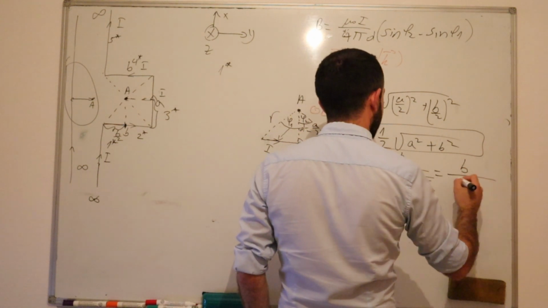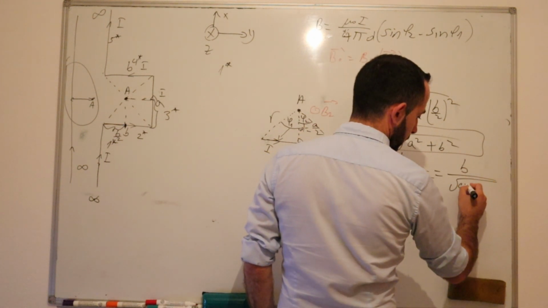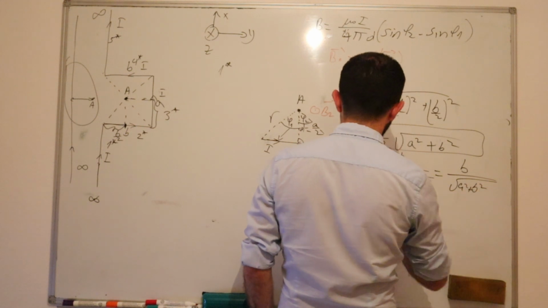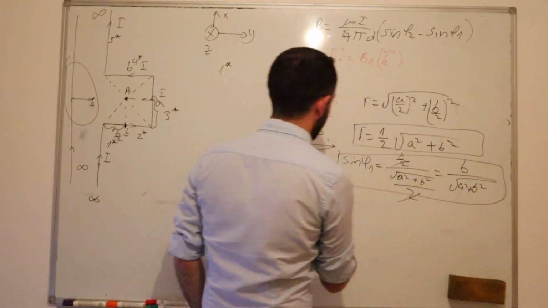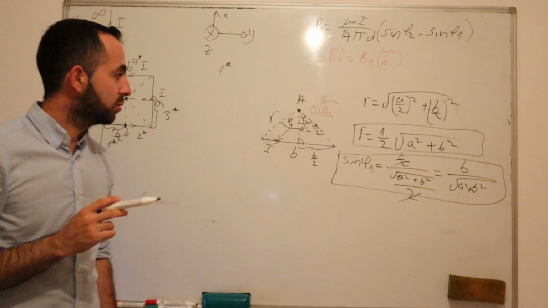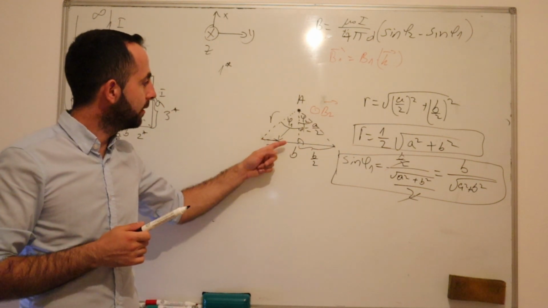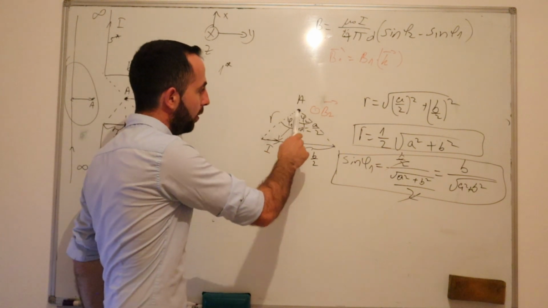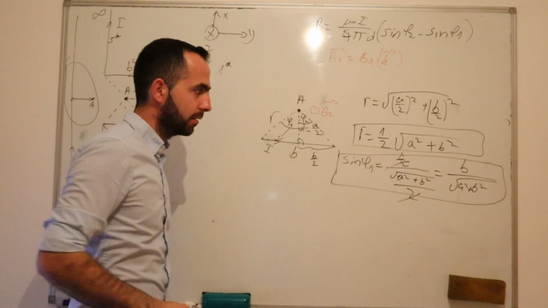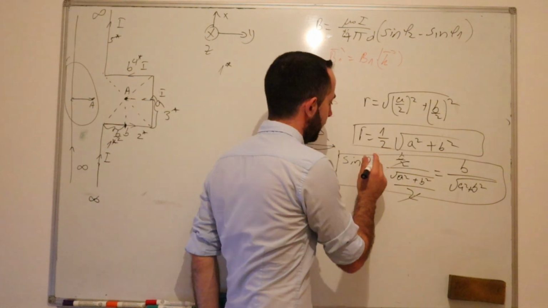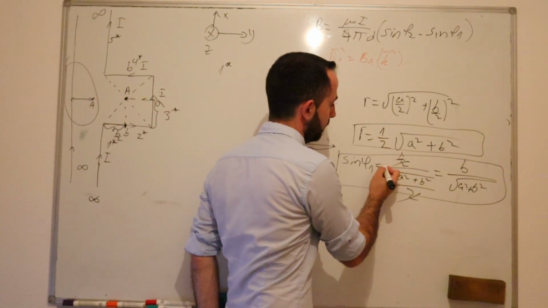So we can get that this is B over square root of A squared plus B squared. But a very important thing is to determine, is it positive or negative? Well, if the current, we can see φ1, its normal, the current enters, so it means it's a negative value. Minus.